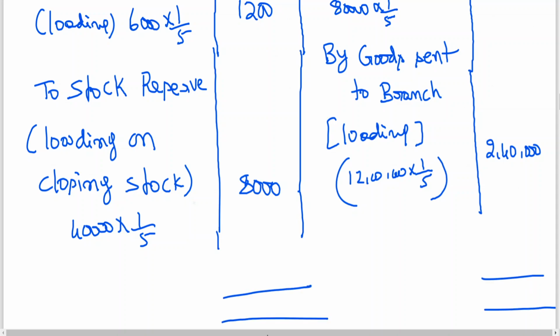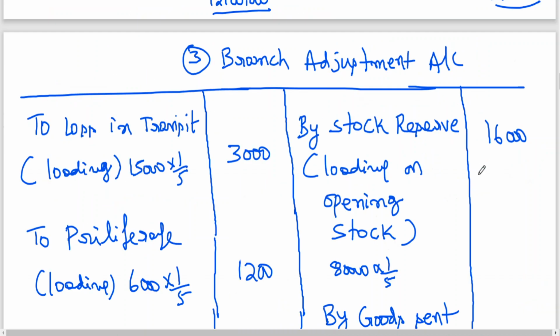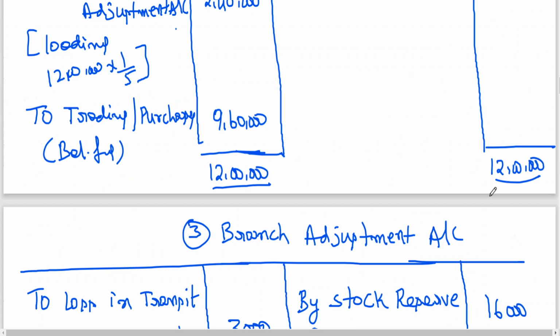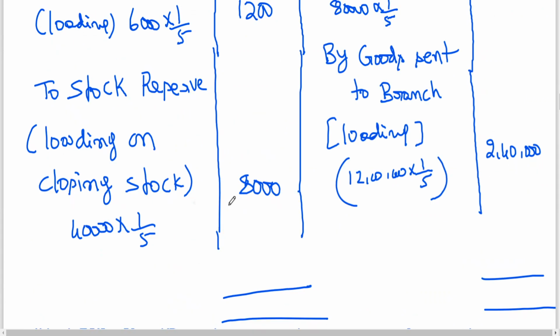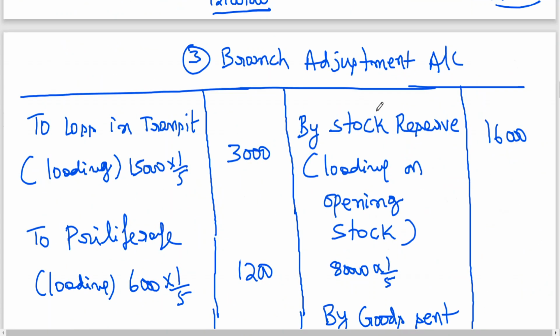We can find out the profit or loss. 2,40,000 plus 16.